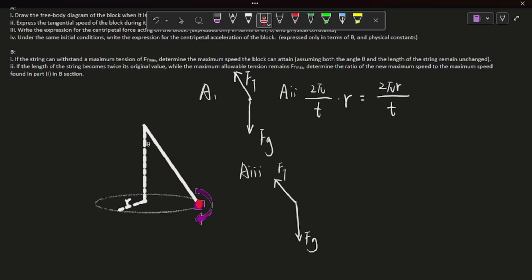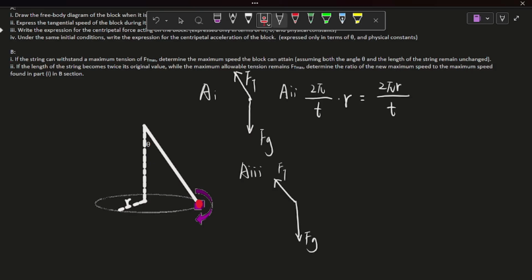Let me ask you a very important question. Since the block is moving in a horizontal circle, is it moving up or down relative to this circle, or the surface it is rotating on? Obviously not, right? So vertically, the object is in equilibrium. Let's separate them into components.